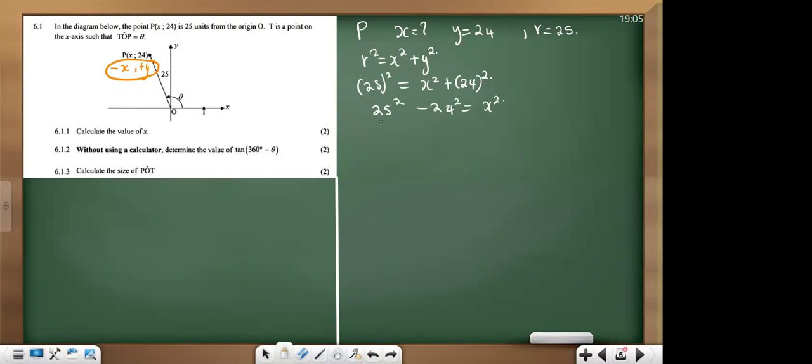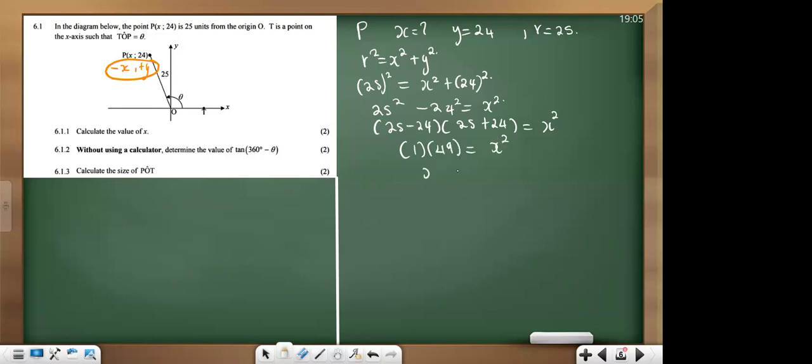Let me just try to bring fun things. Let's not use a calculator. It is a difference of 2 squares. This will be (25 minus 24)(25 plus 24), and that will actually be 1 times 49. This will be x squared.